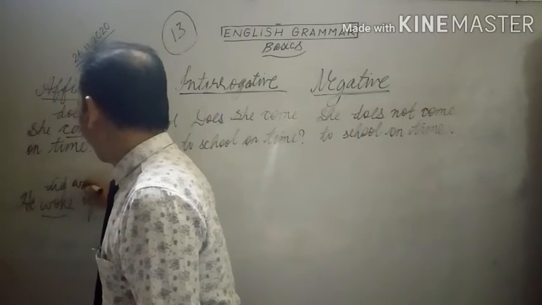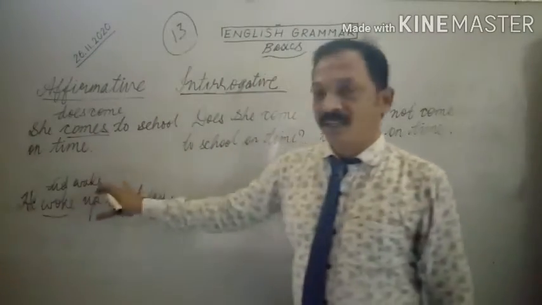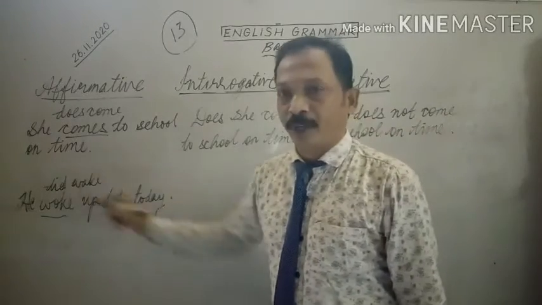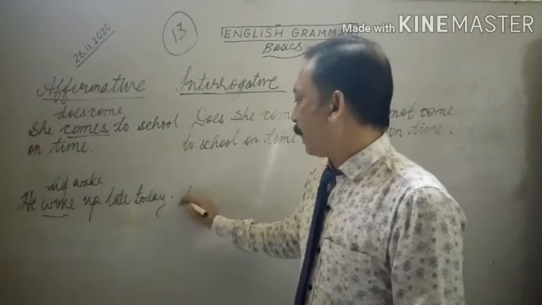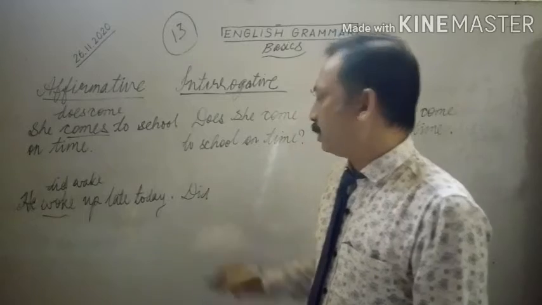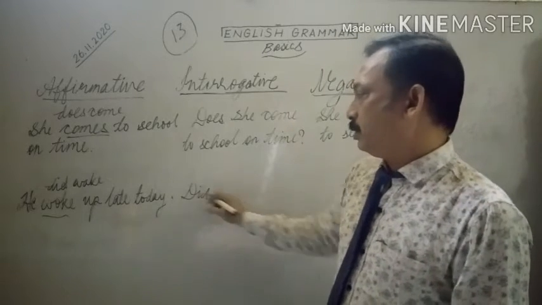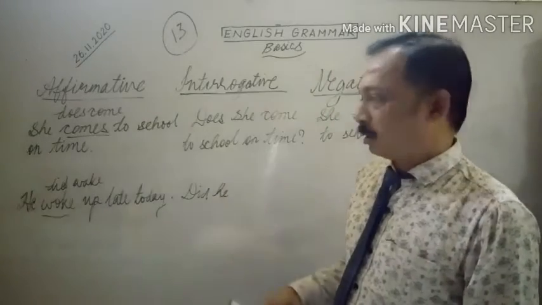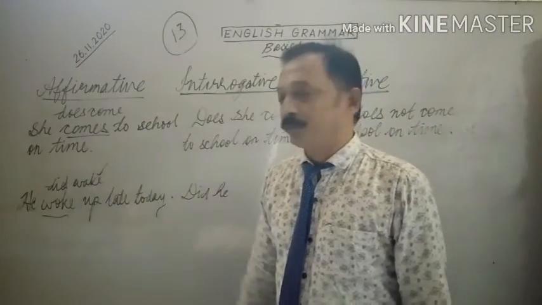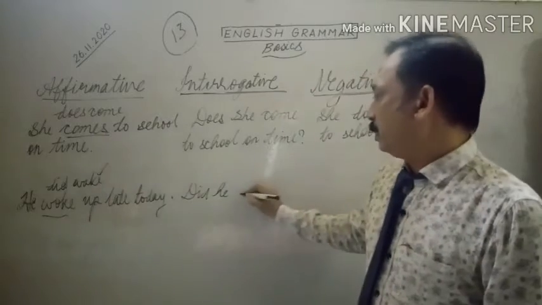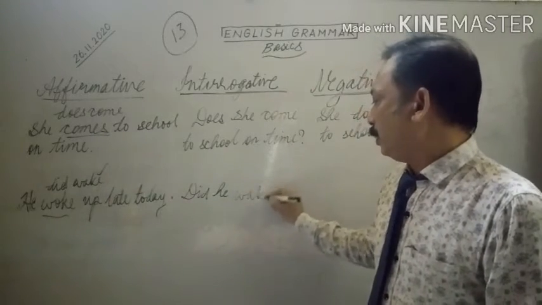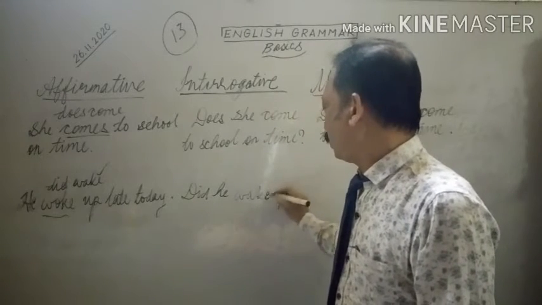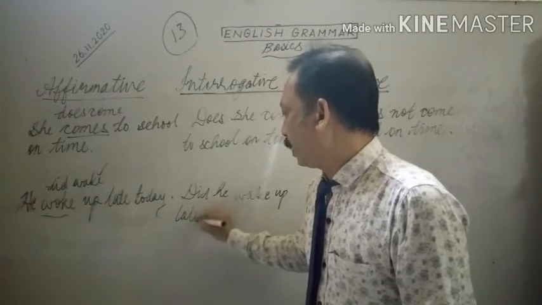Did wake. Now it is easy to change it into an interrogative sentence. Place the helping verb at first, that means did, capitalized because it is the beginning of the sentence. Then comes the subject, then the remaining part of the verb, the main verb. Did he wake up late today?